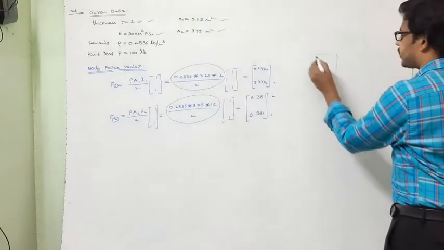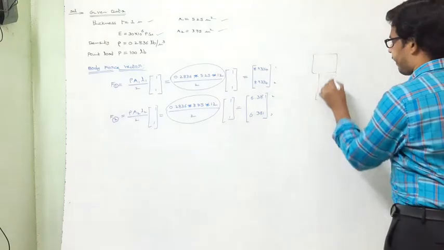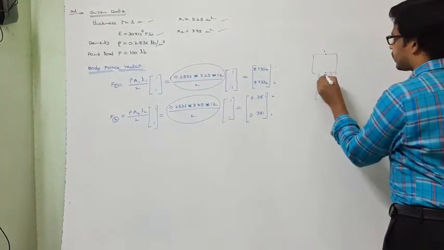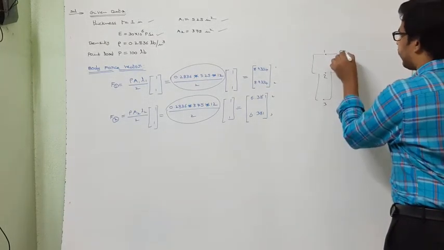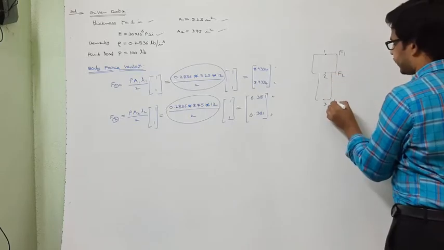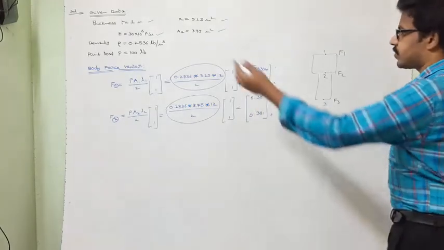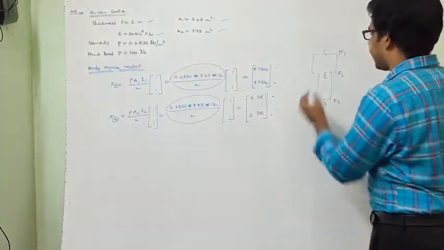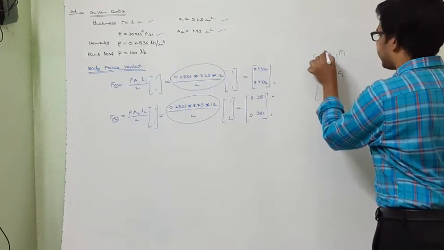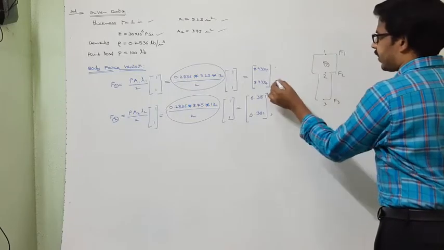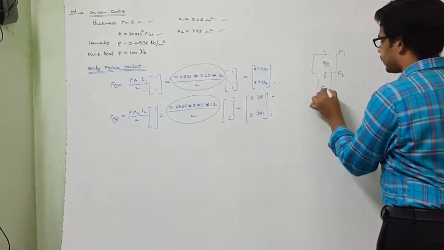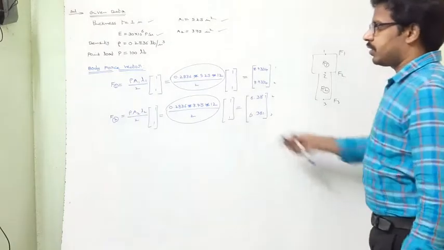Here in the forces, this is first node, second node and third node, F1, F2 and F3. The body force vector F1 is for nodes 1 and 2, and F2 is for nodes 2 and 3.